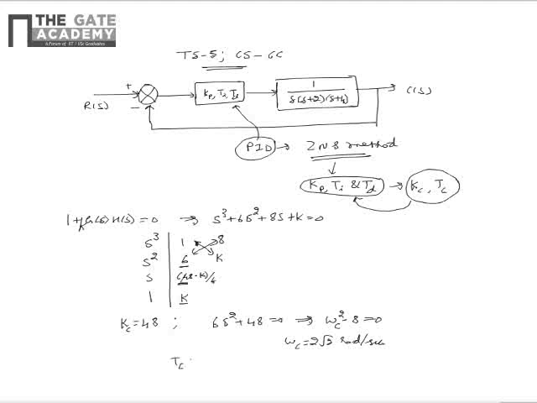So from this, the critical time period Tc is equal to 2 pi by omega c, which upon simplification boils down to 2.24 second. From this, we see that upon assuming that there is only a proportional controller of gain K, we got the critical gain as 48 and critical time period as 2.24 second.